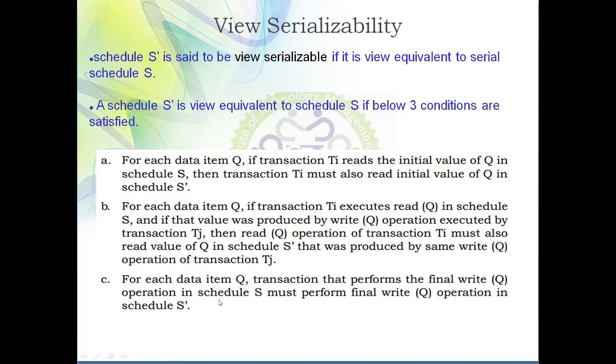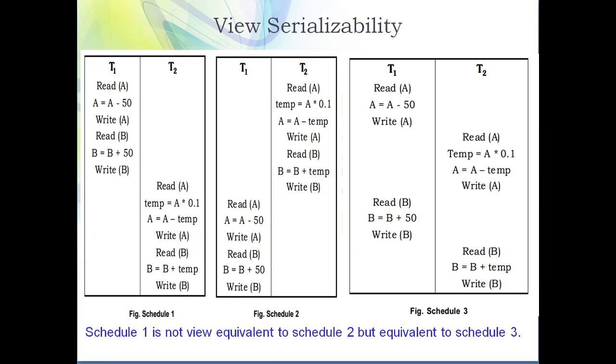And what is the final condition for view equivalence? For each data item Q, the transaction that performs the final write Q operation in schedule S must also perform the final write operation in schedule S dash. In schedule 1, the final write operation is performed by transaction T2. In schedule 2, the final write operation is performed by T1, so that condition is not satisfied.